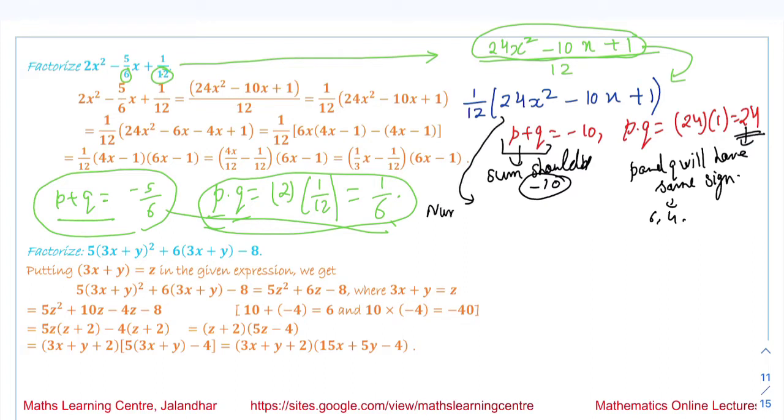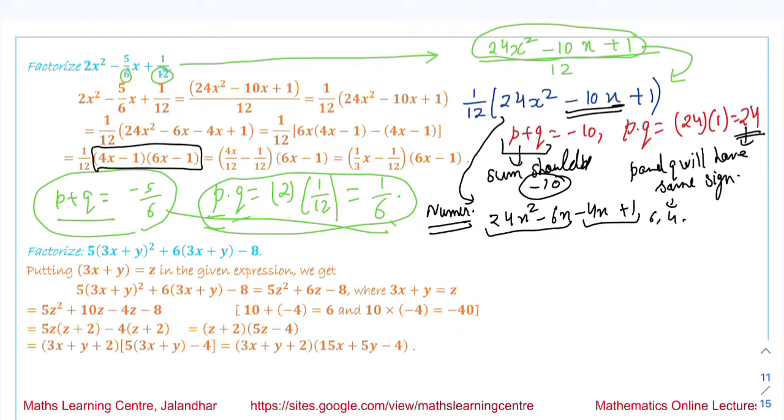So it is 24x square minus 10x, so we can write minus 6x minus 4x, and plus 1. When you group these terms, you will get the answer 4x minus 1 into 6x minus 1. So you can leave the answer up to this place also. This is also the correct answer, that 1 by 12 into 4x minus 1 into 6x minus 1.